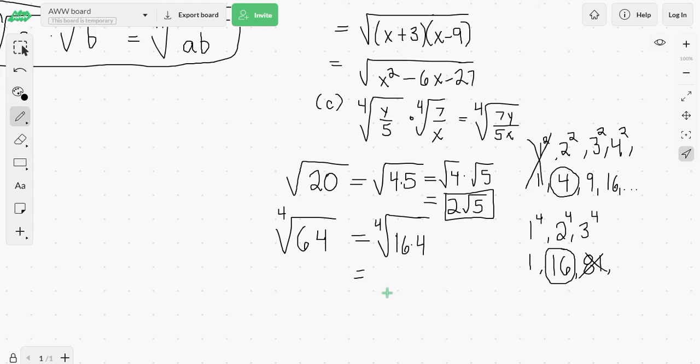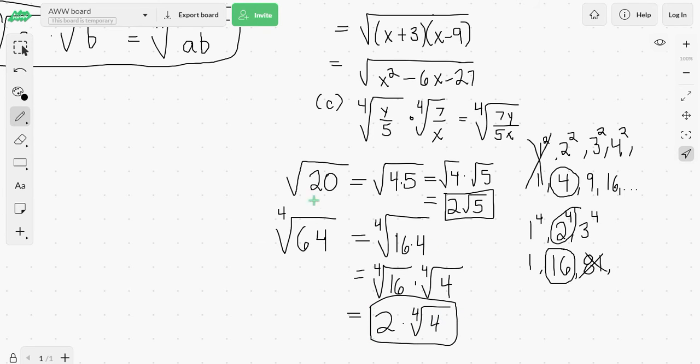Now, this is the 4th root of 16 times the 4th root of 4. The 4th root of 16 we know is 2, because it was 2 to the 4th that gave us 16. So we get 2 times the 4th root of 4.